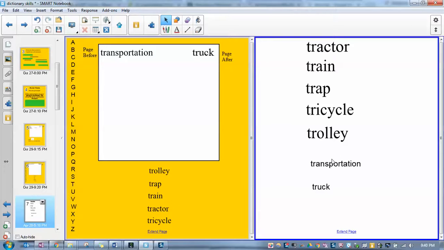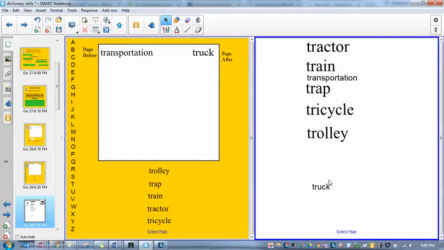I now have T-R-A-N-S. This is T-R-A-I, so I comes before transportation, T-R-A-N, L-M-N-O-P, so transportation fits here because N comes before P in the dictionary.